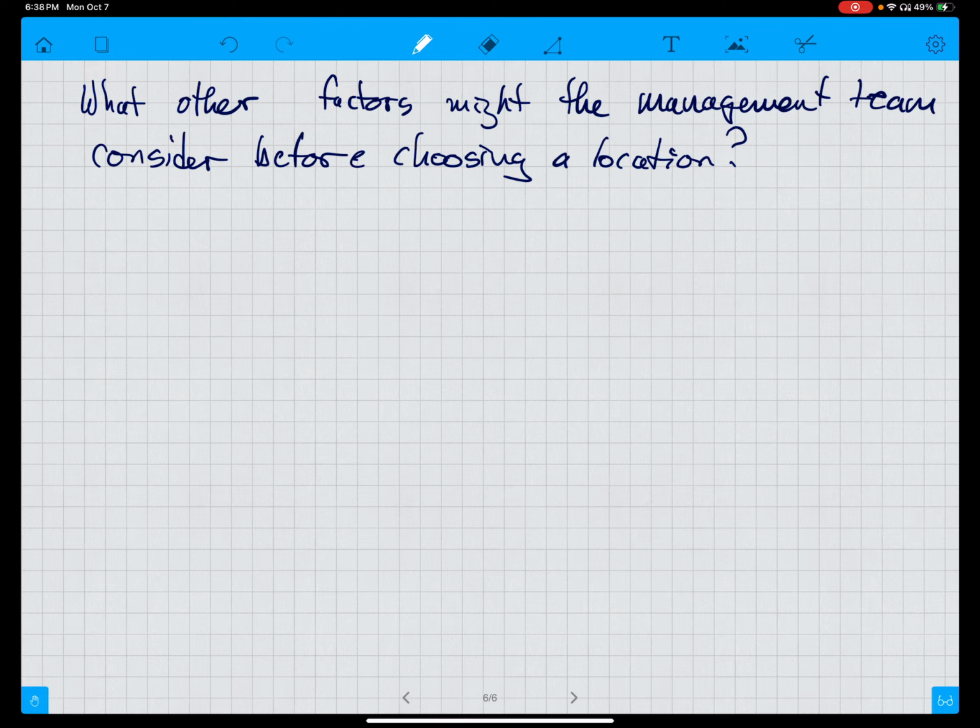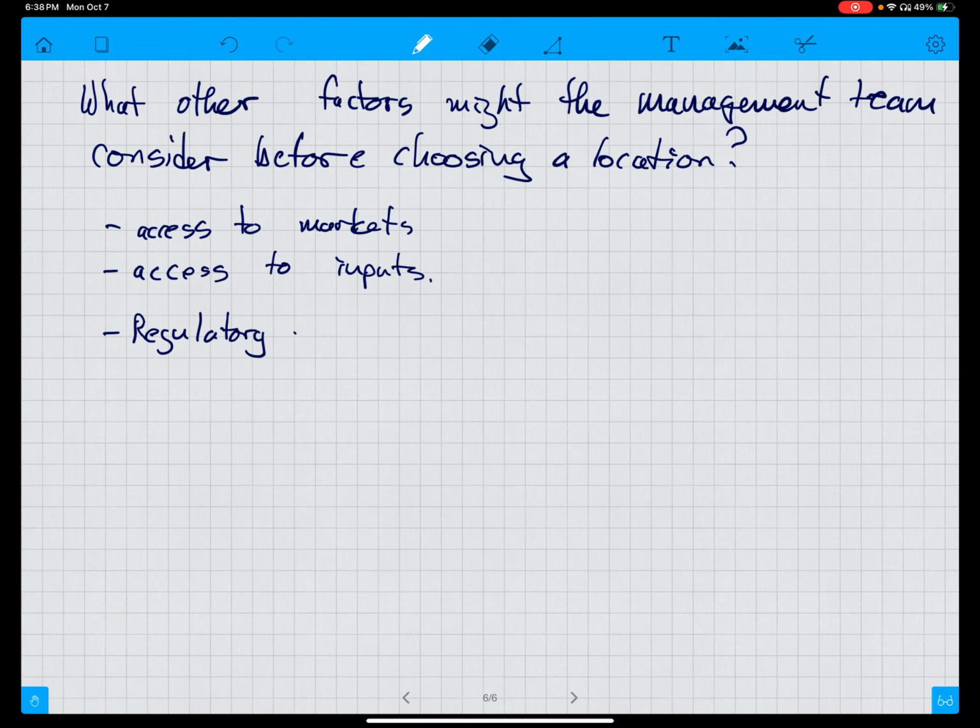And there could be lots of them. Access to markets. We didn't look at transportation costs at all. Access to inputs, the regulatory environment. I only talked about dollars per hour.